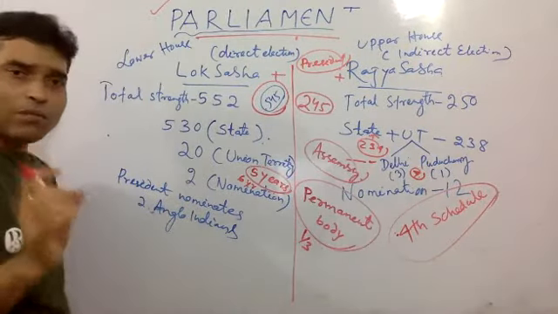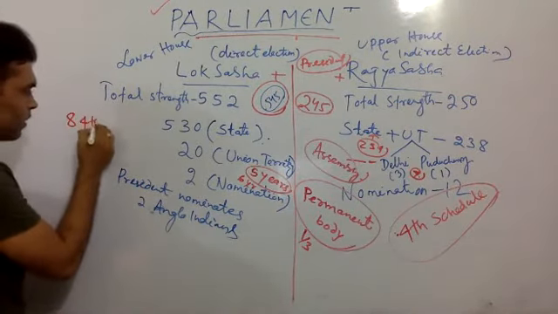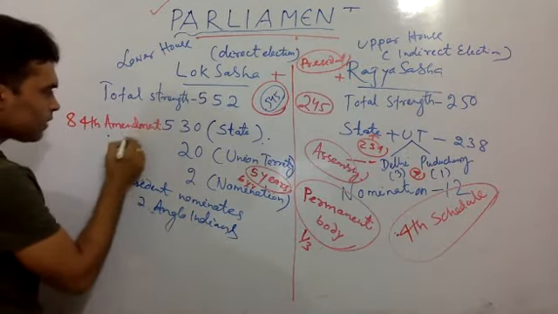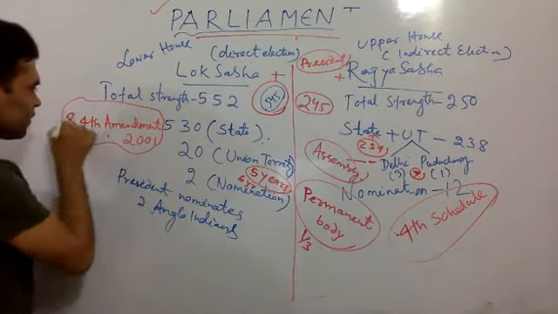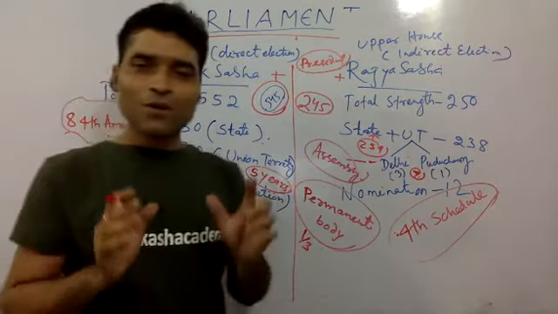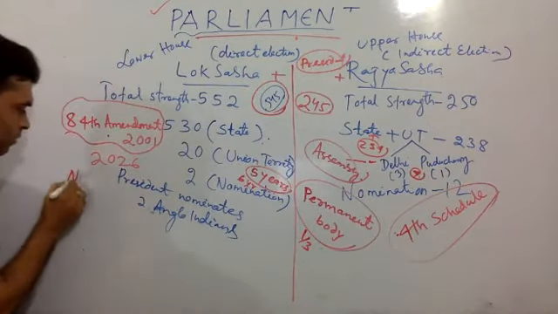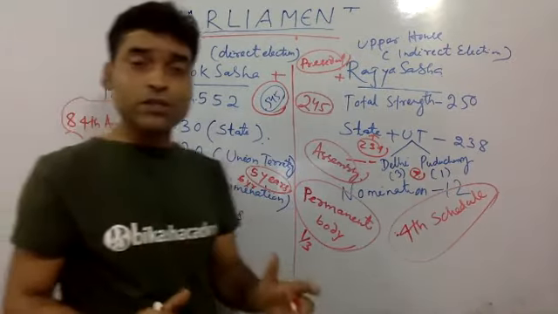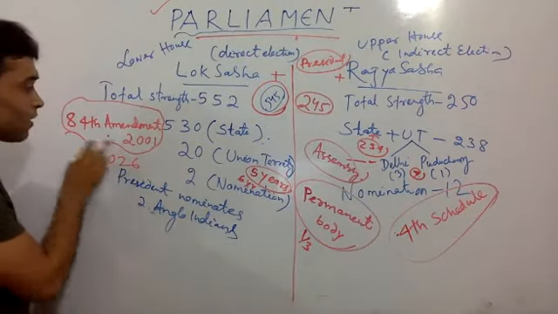And presently, one important point you should remember, the 84th Amendment, right? What is this? I will explain. 84th Amendment 2001. Actually, under this amendment, till 2026, readjustment will not be done. That means readjustment of constituencies can be done in 2026 under the 84th Amendment.